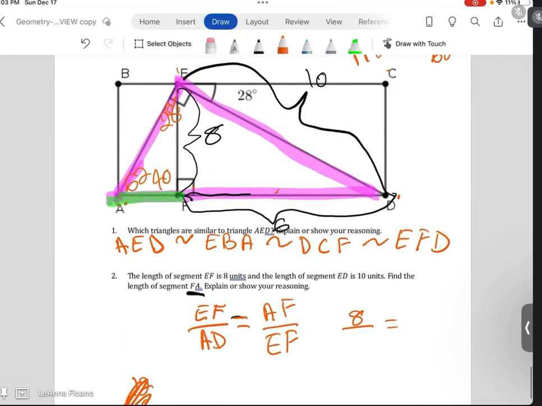EF over AD is the same as AF over EF. So we have 8 over 6 is equal to x over 8.